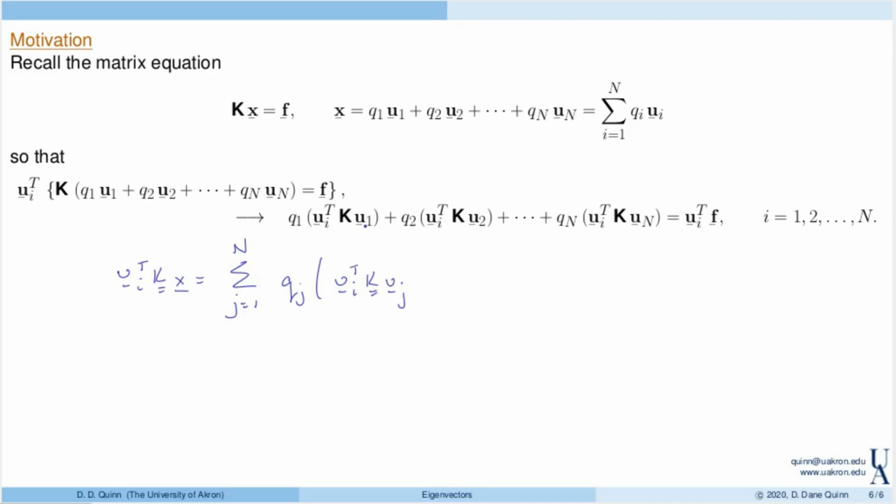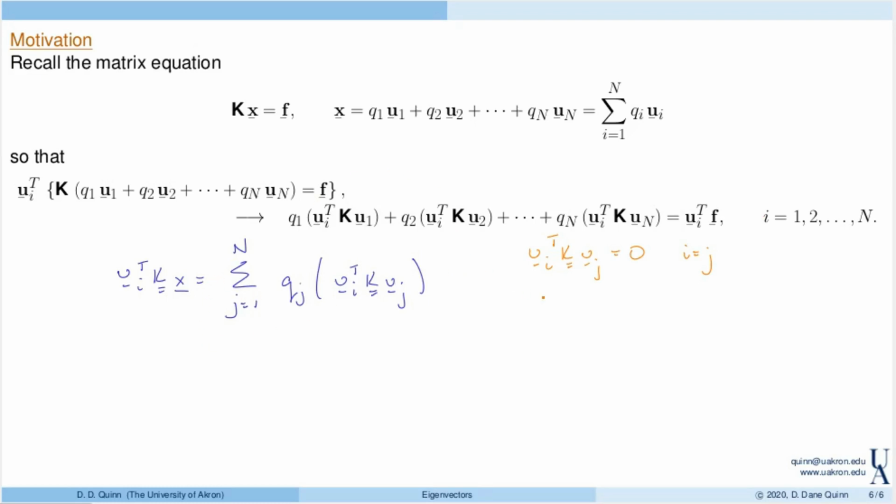So essentially we're just summing over q1 u1, q2 u2, represented by j. Now the great thing is this equals 0 if i is not equal to j. And here we're assuming that the eigenvalues are all distinct, so all the lambdas are different.